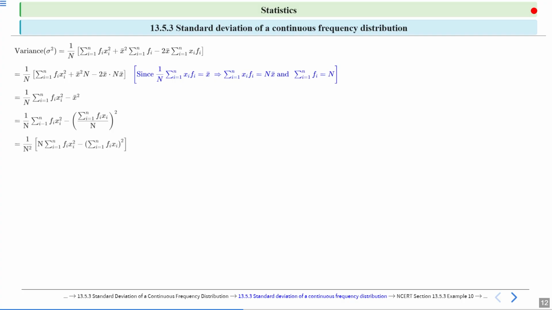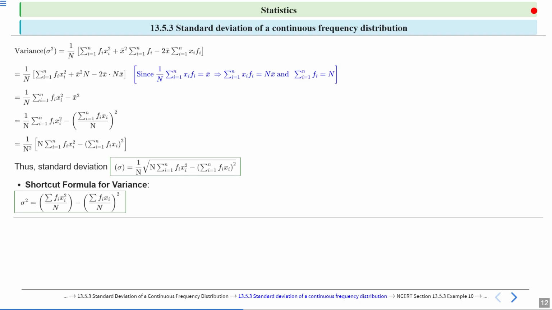and this is equal to 1 divided by n square times sum from i equal to 1 to n of fi times xi squared minus sum from i equal to 1 to n of fi times xi whole squared. Thus, standard deviation sigma equal to 1 divided by n of square root of n times sum of fi times xi square from i equal to 1 to n minus sum from i equal to 1 to n of fi times xi whole squared.